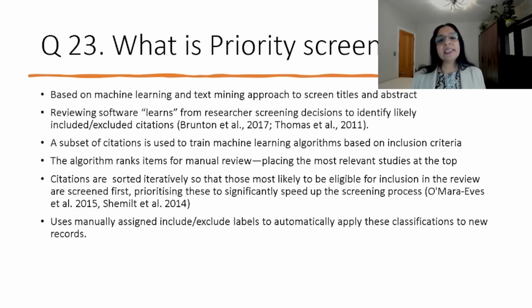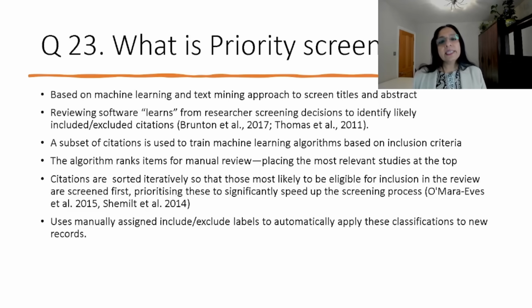We mainly conduct two-stage screening. First is screening titles and abstracts, followed by full text screening. This priority screening is employed in the first stage, that is screening titles and abstracts. The review software learns from researcher screening decisions to identify likely included or excluded citations.